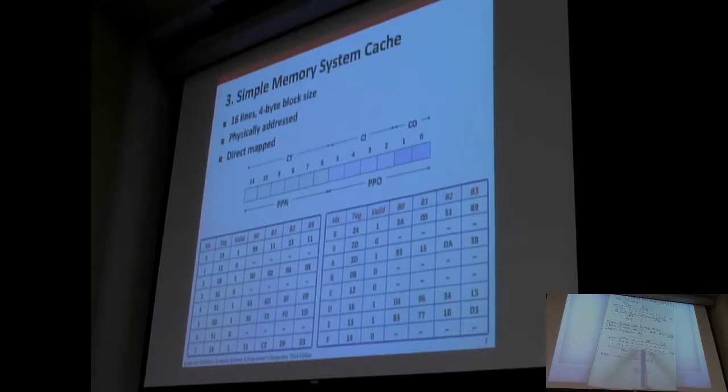So if the byte that we're looking for is contained in the cache, it'll be in set 8. So the cache goes to set 8, and it looks for a matching tag, which in this case turns out to be 28, just like the PPN, just by coincidence.